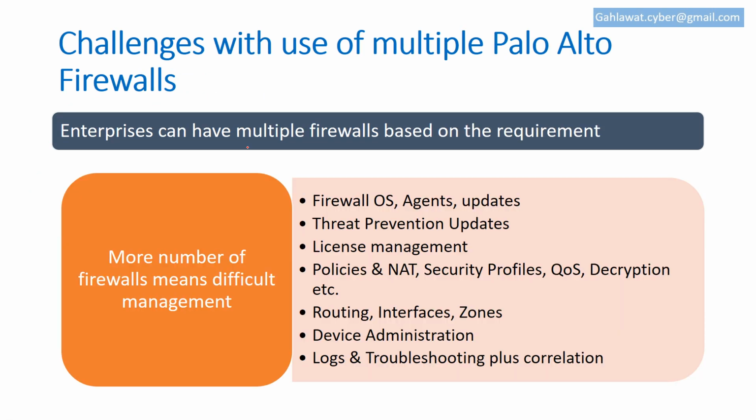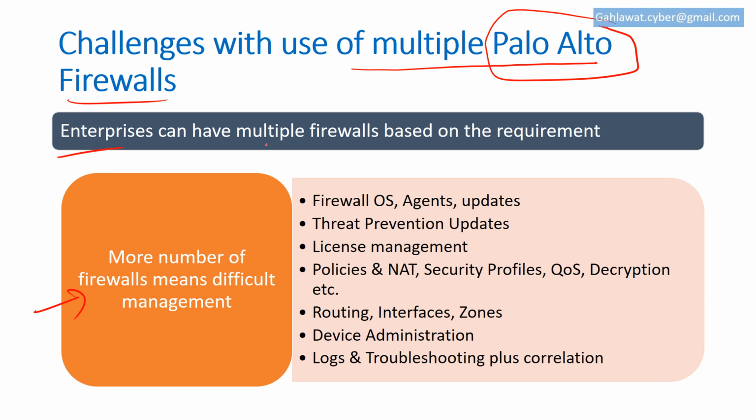Now, what is the challenge with the Palo Alto firewalls? So, if you have a few number of firewalls, then those can be managed easily by the admins. But if there are lots of multiple firewalls which are in use, then the management can become difficult. Why?